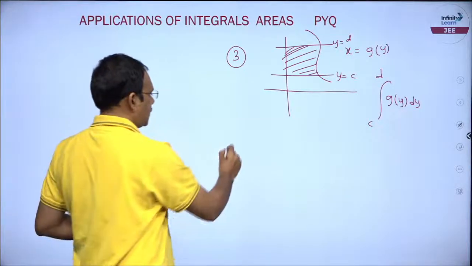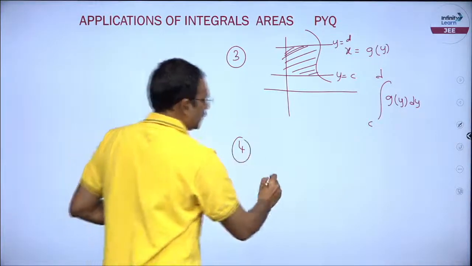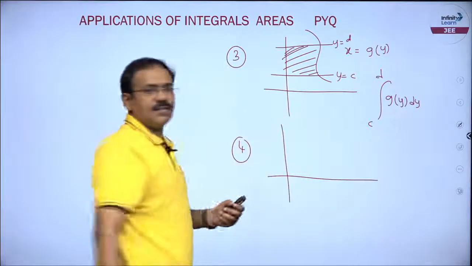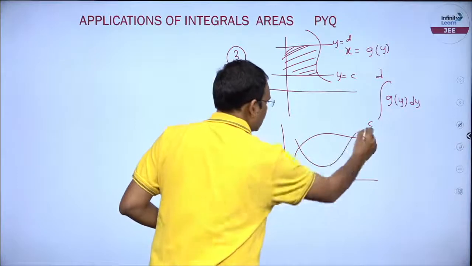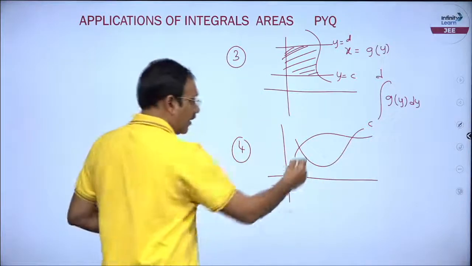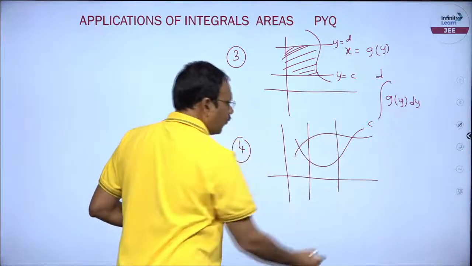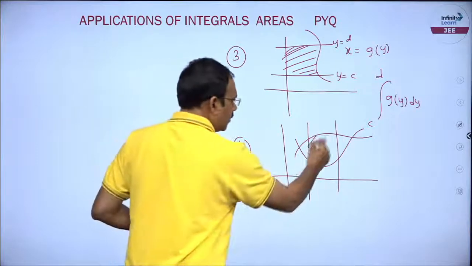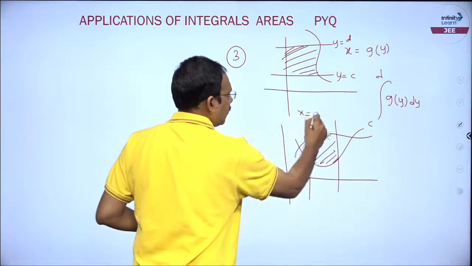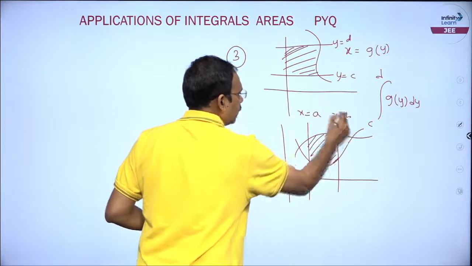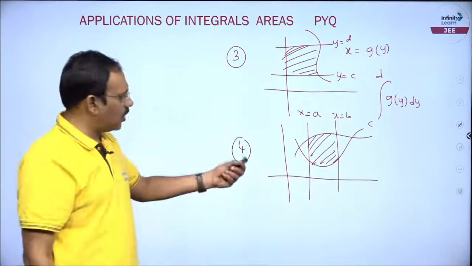The next, friends, point number 4: suppose this is the x axis, y axis, here suppose this is one curve, say f of x, and this is g of x. Now you want to find the area between these two curves, between the lines x is equal to a and x is equal to b. I think you know how to find it.